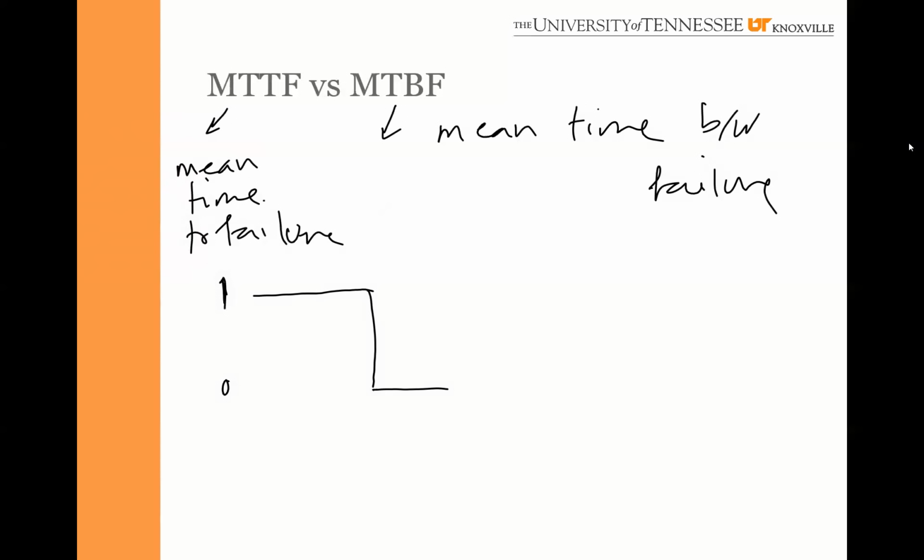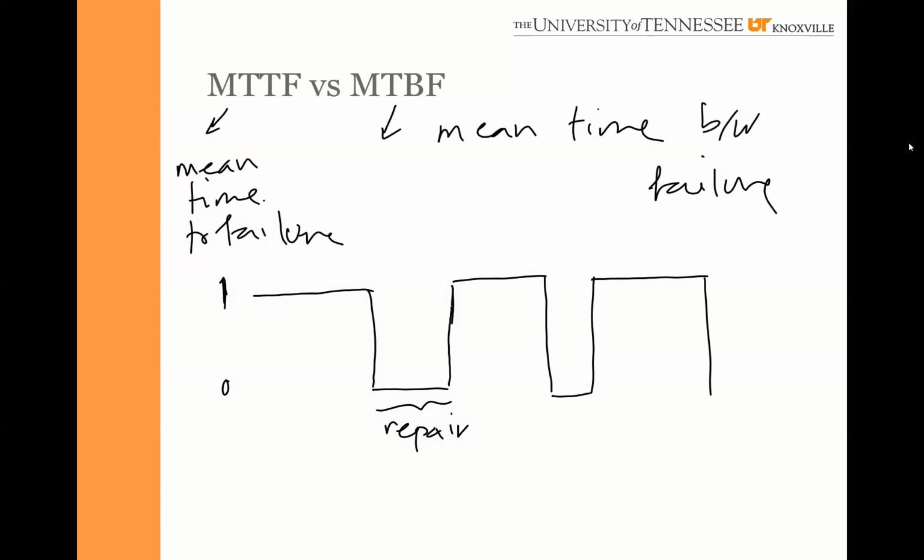Now it's in a repair mode, its status is 0. Now we are repairing. Okay, so I fix this and then I start operation. And then it fails and then repair. Operation, repair. I can draw it essentially as a time series. It's a stochastic process.